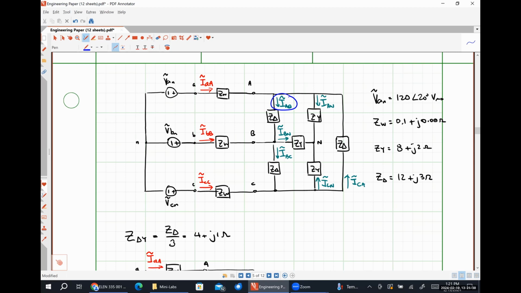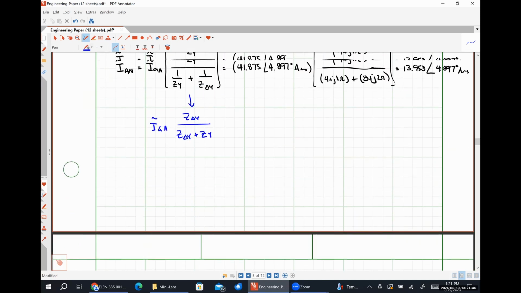Okay. So I'm going to set this up as currents flowing in equals currents flowing out, right? So that would mean that I would have a current IAA, which is a known quantity flowing in, plus a current ICA, which is an unknown quantity flowing in, is equal to IAB, an unknown quantity flowing out, plus IAN, which at this point is a known quantity flowing out.